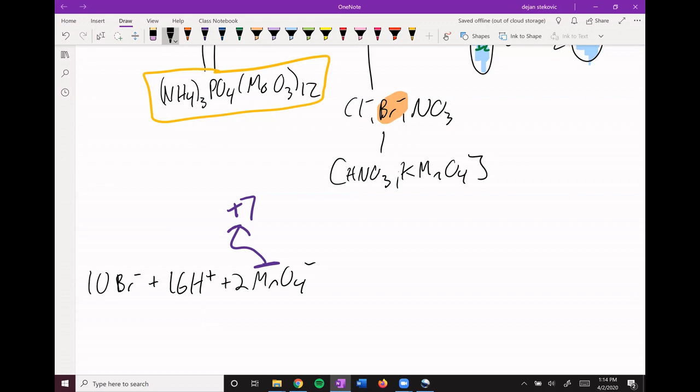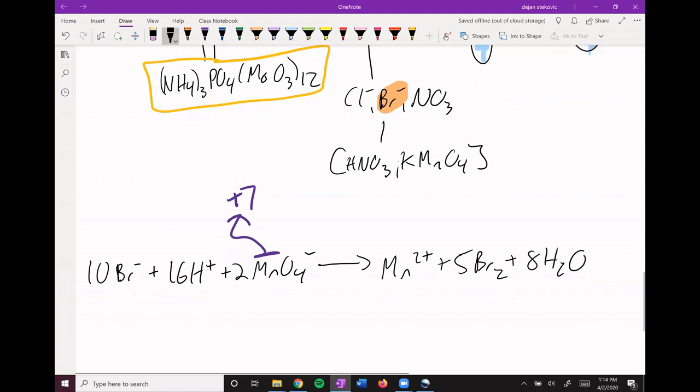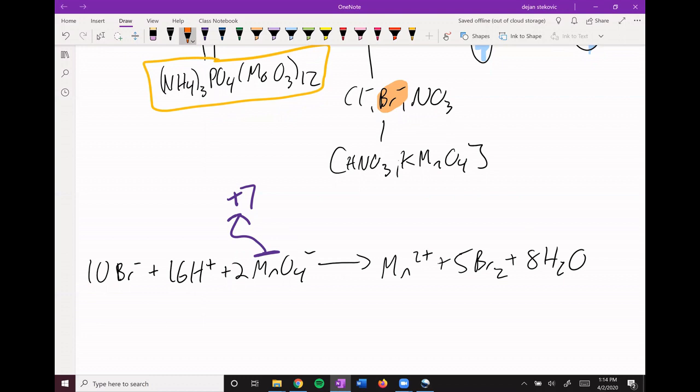So it's an oxidizing agent. The products here are going to be manganese 2+ plus 5 Br2 plus 8 H2O. And if you think about the oxidation state of this bromide here, it's -1. Here in its diatomic form, it's 0. And so it is undergoing oxidation.